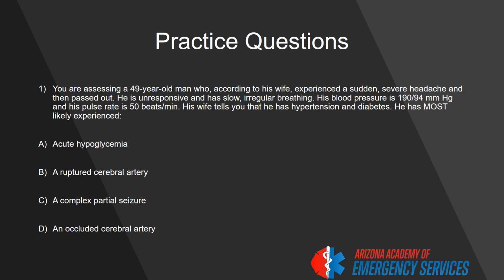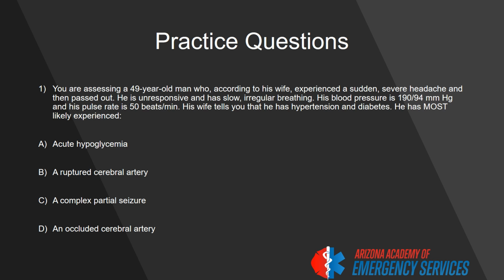Number 1, you are assessing a 49-year-old man who, according to his wife, experienced a sudden, severe headache and then passed out. He is unresponsive and has slow, irregular breathing. His blood pressure is 190 over 94 millimeters of mercury, and his pulse rate is 150 beats per minute. His wife tells you that he has hypertension and diabetes.